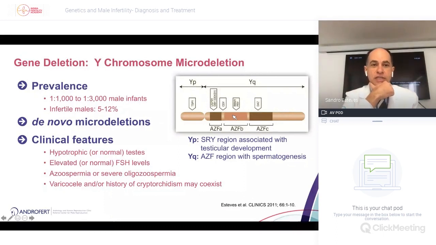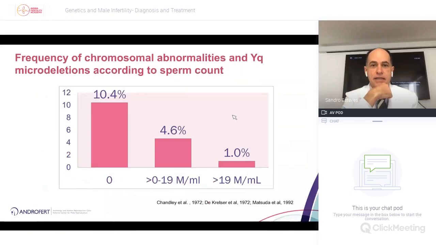What is important for you to know is that the frequency of chromosomal abnormalities and Y chromosome microdeletion will depend on sperm count. It is very unlikely that we will have any chromosomal abnormality or Y chromosome microdeletion in patients with more than 15 to 20 million sperm per ml.